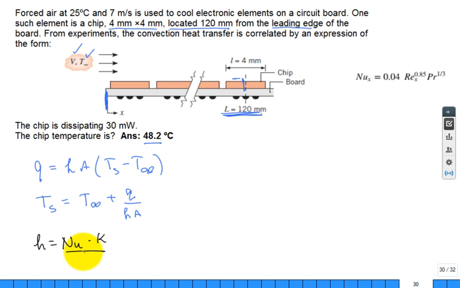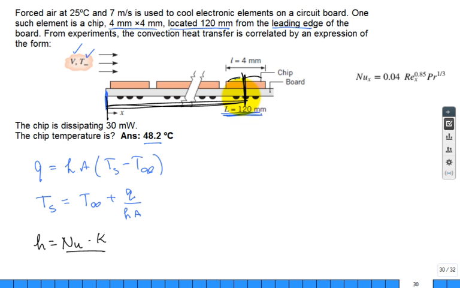This is where we think, are we interested in a local h or an average h? Some h going from 0 to L, is that what we're looking for? Or the h at L of 120 millimeter? Well, because it's only plus and minus 2 millimeter around 120, we're looking for a local.